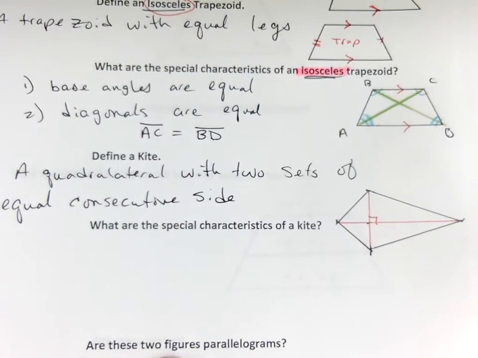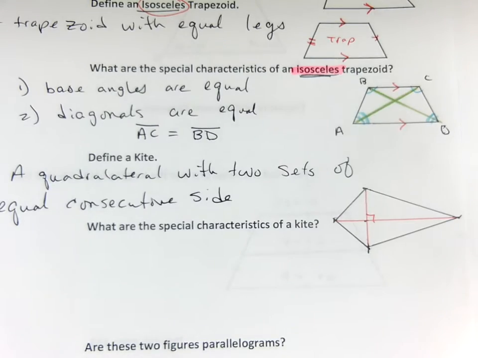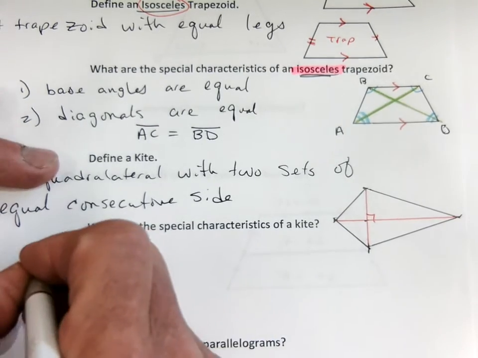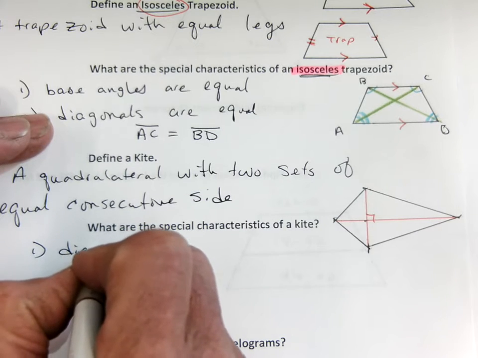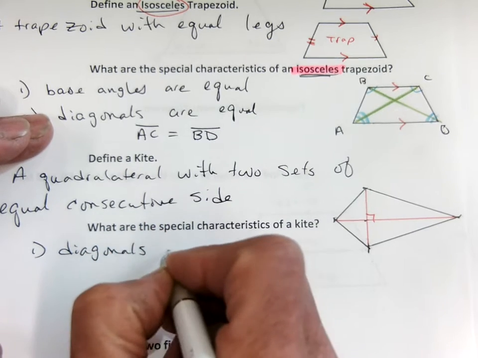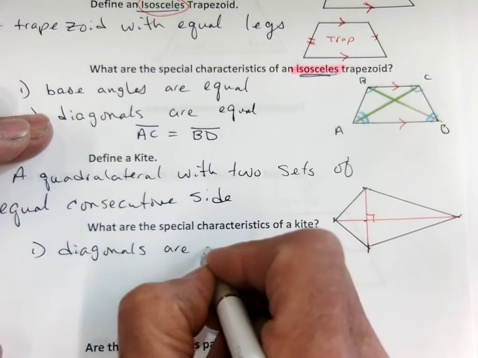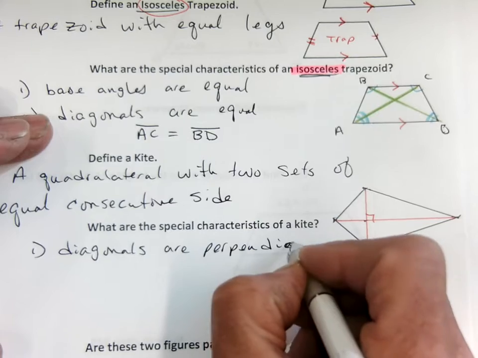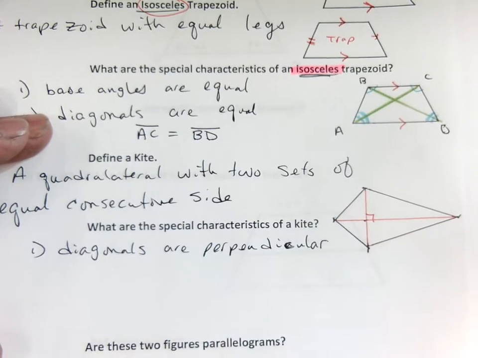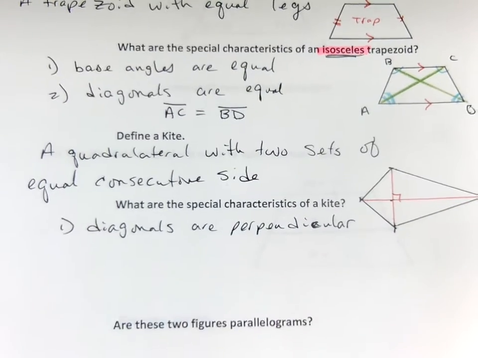That makes sense if you're building a kite, right? So diagonals are perpendicular. Okay, one, we know that diagonals are perpendicular, 90 degrees, right?